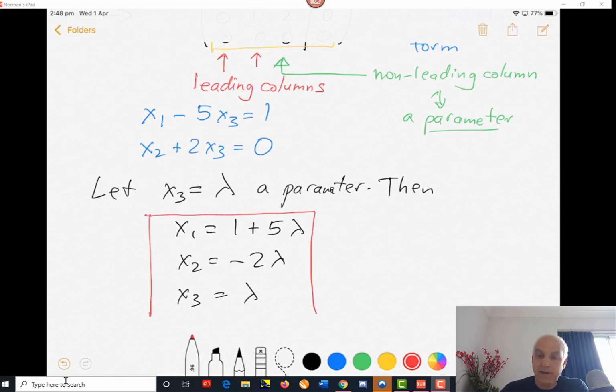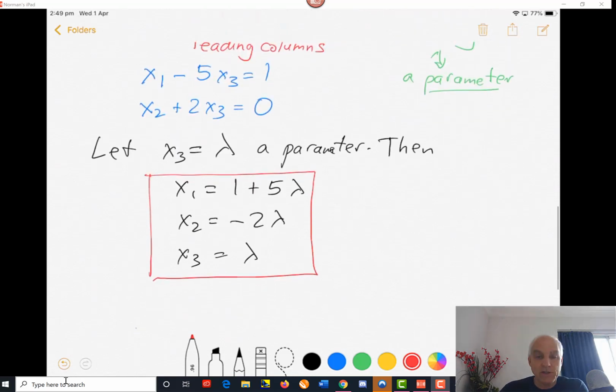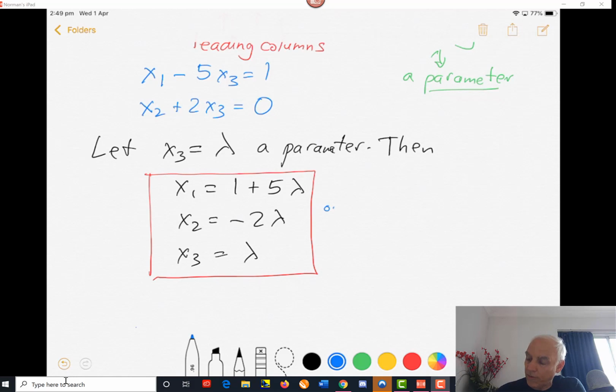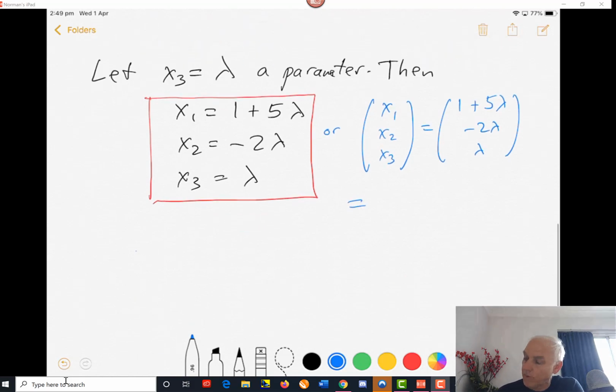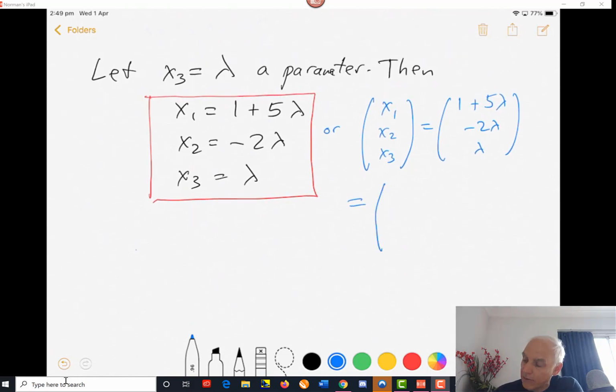What we have here is a solution to the original system. We could also write it as vector x1, x2, x3 is 1 plus 5 lambda, minus 2 lambda, lambda. And if we separate that out, we could actually write it as 1, 0, 0, that's the stuff not involving lambda, plus lambda times the vector 5, minus 2, 1.